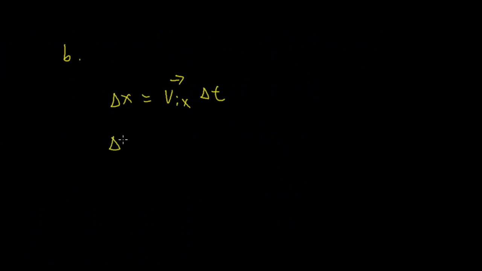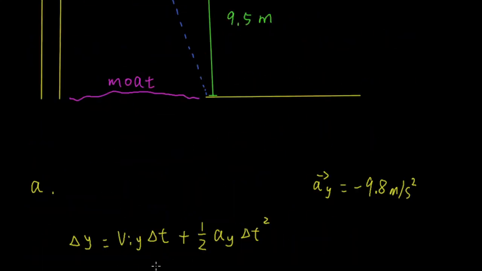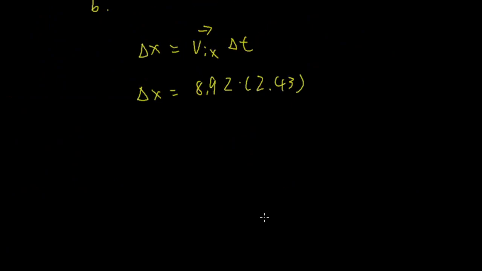So delta x is equal to 8.92 times 2.43, which is around 21.68 meters, or you can round that up to 22 meters.